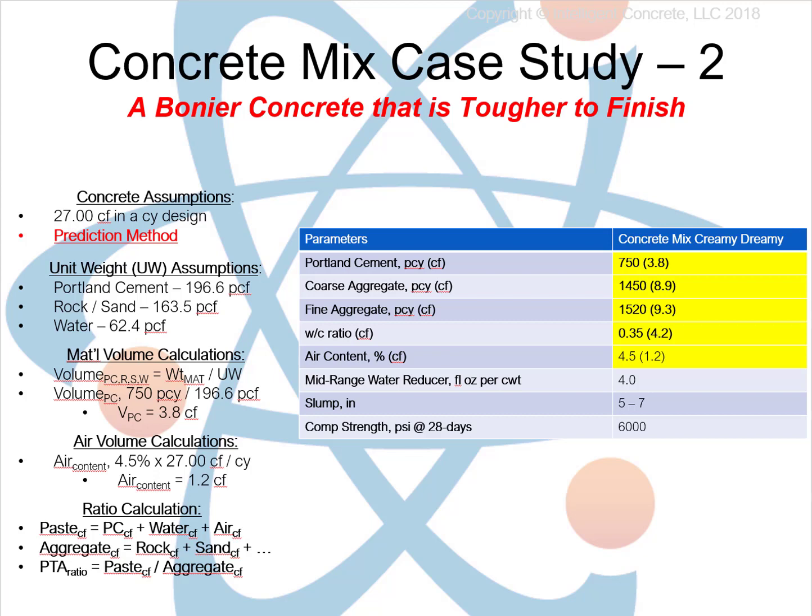The next thing we have to do is identify some unit weight information. Again, this is math. When we say we're designing for 27 cubic feet in a cubic yard, bear in mind there's a weight per unit volume for every material: the sands, the cements, the rocks.